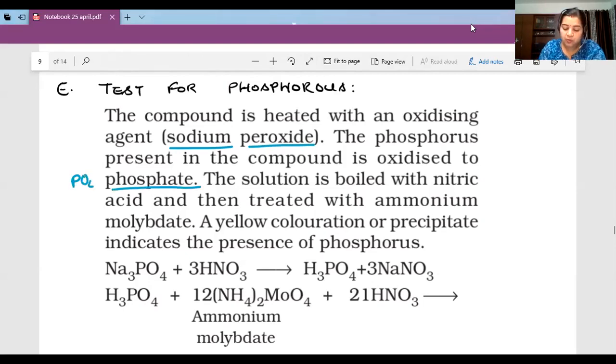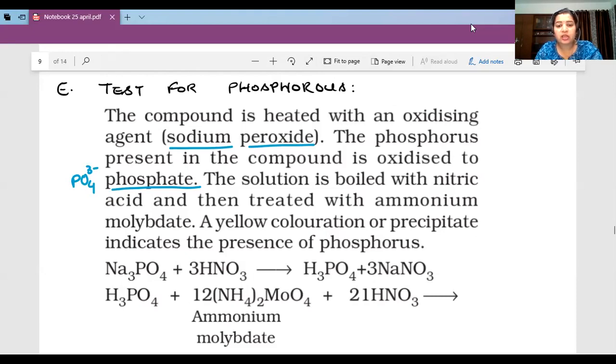Phosphate is PO4 3-. Correct? The solution is boiled with nitric acid. The purpose of adding nitric acid is that the sodium peroxide, after oxidation, will make the medium basic.